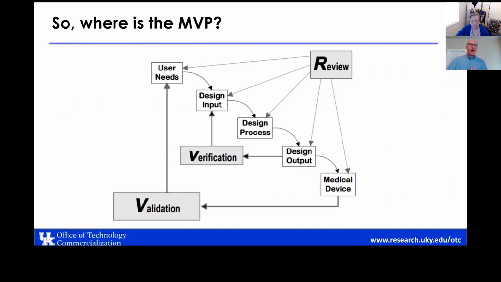So again, back to this medical device example with our water flow diagram and our water flow process. So where in here does the MVP exist? So how do these worlds come together? Well, when you're first coming up with your user needs, and you really just have to sit down and talk to people about those user needs, and go through and think about other products and what your technology would be.